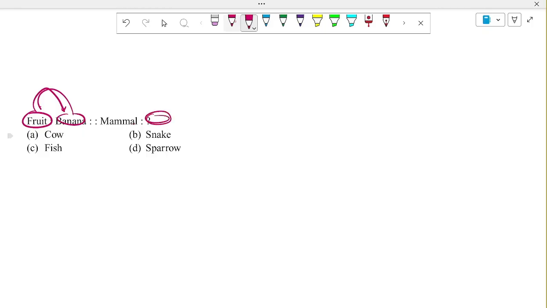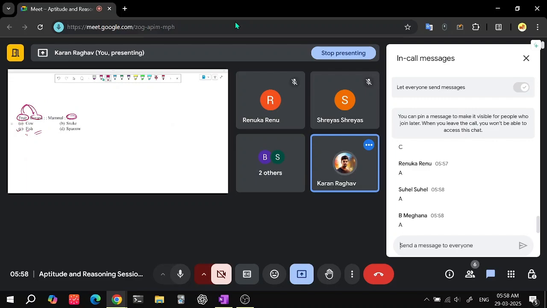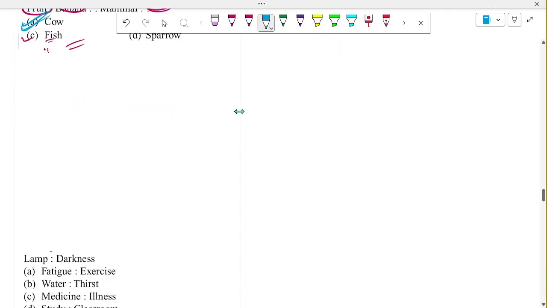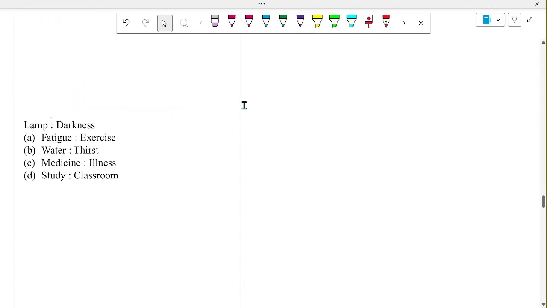Then they are asking among the following which one is mammal. So fish is not a mammal. It comes to the which class? Species, I think, right? And then snake is a reptile. Sparrow is an aves. And so the answer for this question is cow. Okay, a simple question.